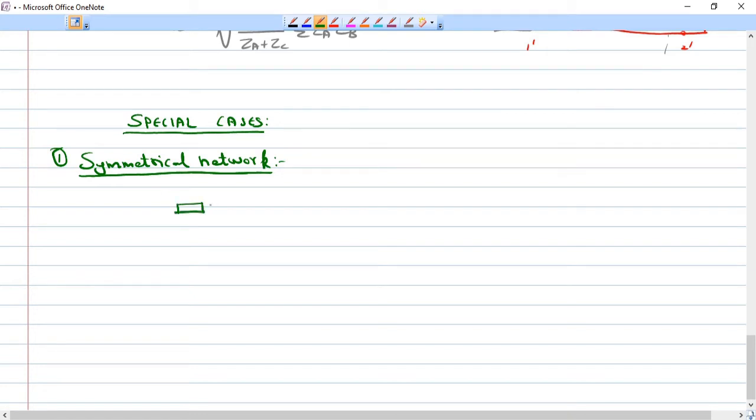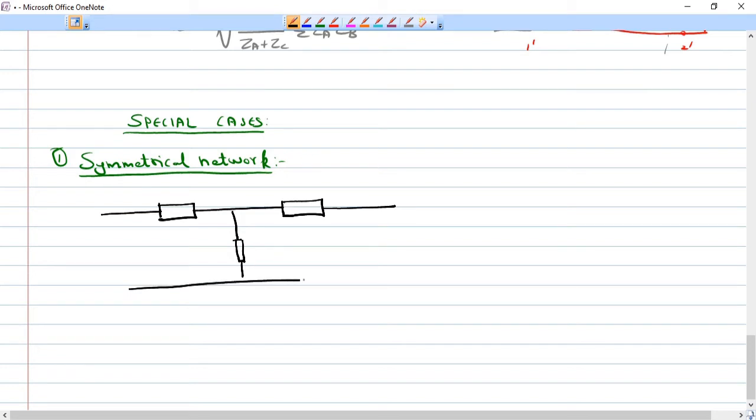We have drawn a general asymmetrical network. You can draw like this. So we have labeled this as ZA, ZB and ZC.